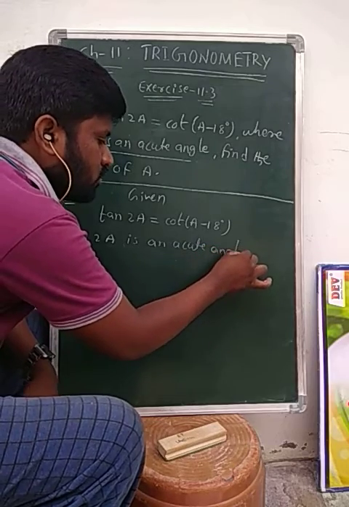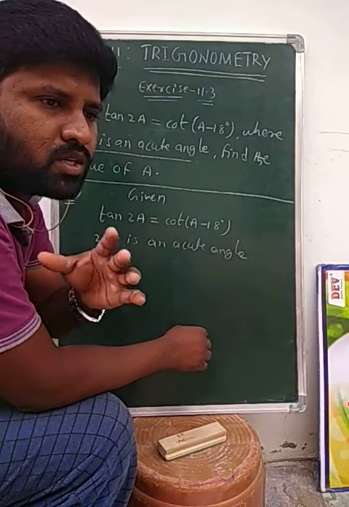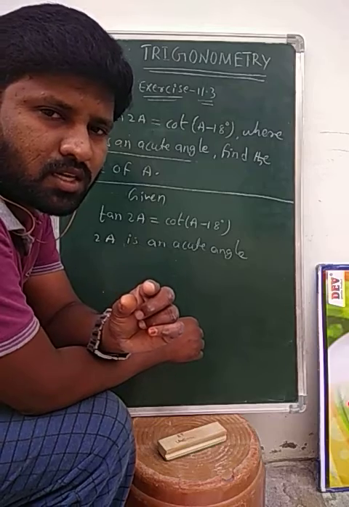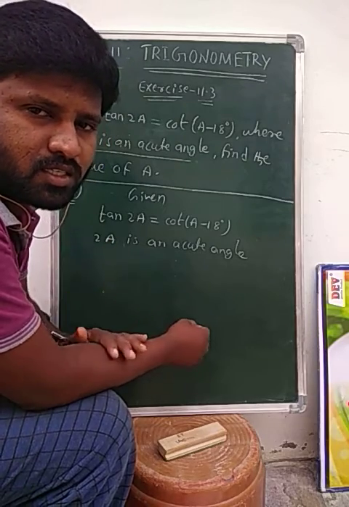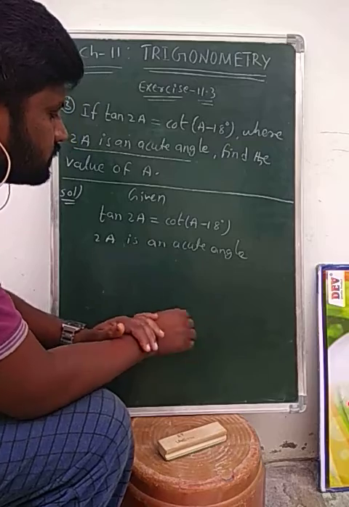Acute angle means we know that it measures in between 0 degrees and 90 degrees.